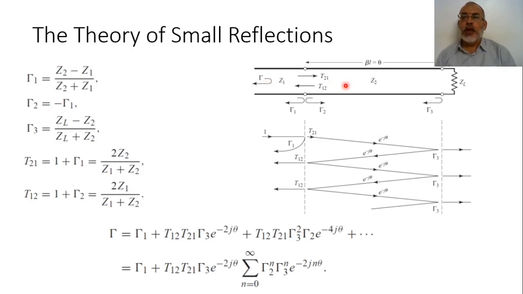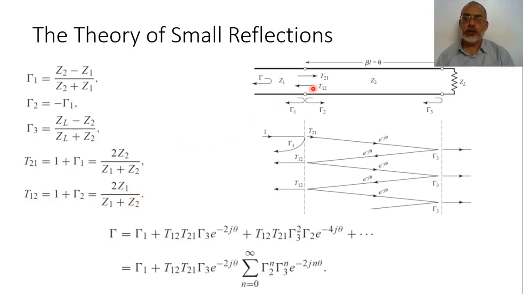Then some of the field coming to the interface between Z1 and Z2 passes from Z2 to Z1 by transmission coefficient T12. T12 in this case is 1 plus gamma 2, and because gamma 2 is negative gamma 1, T12 would be 2Z1 over Z1 plus Z2.